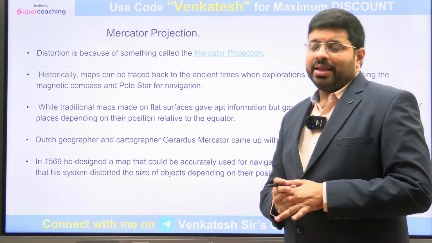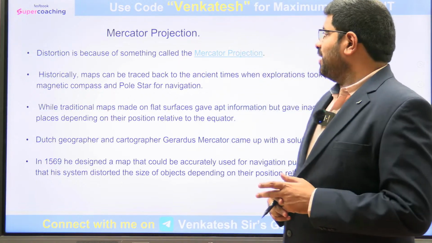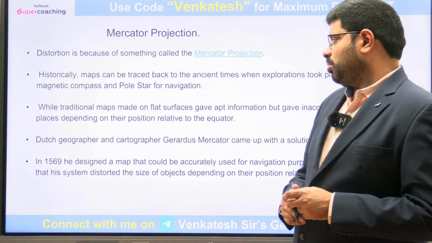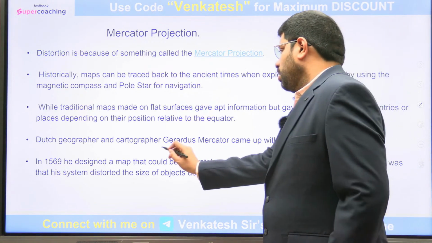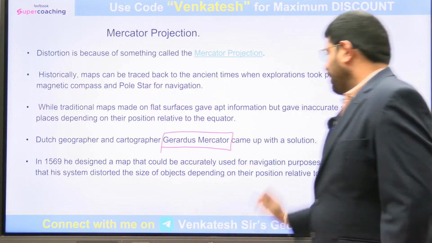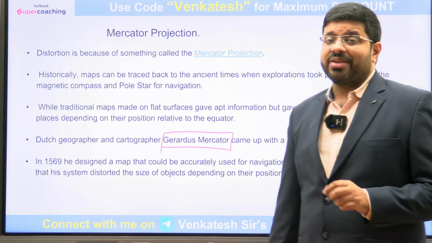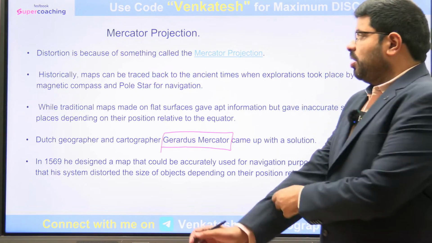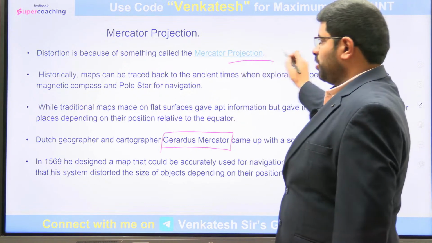In the 15th and 16th centuries, a Dutch geographer and cartographer, Gerardus Mercator, prepared this. Now, his requirements then were very different from the present era. The distortions of the world map which we find are because of this projection.